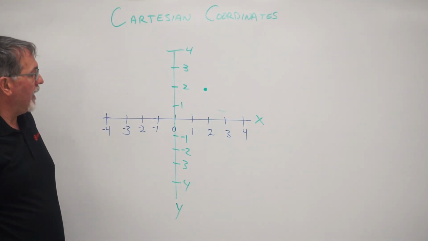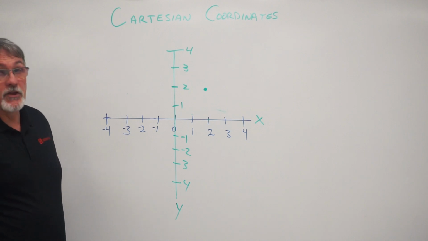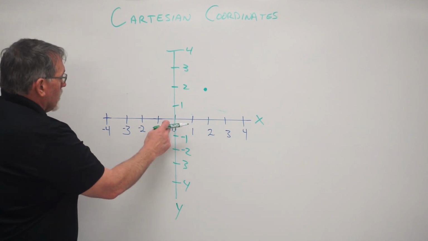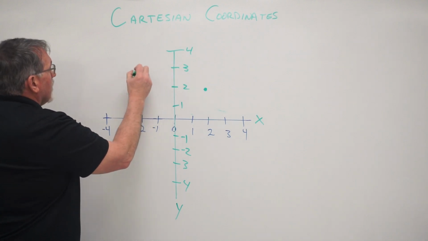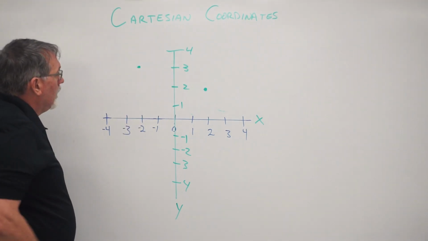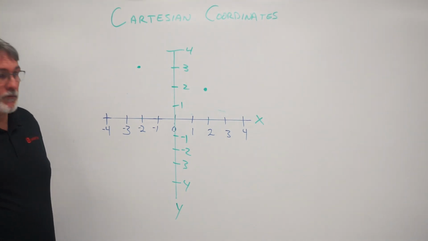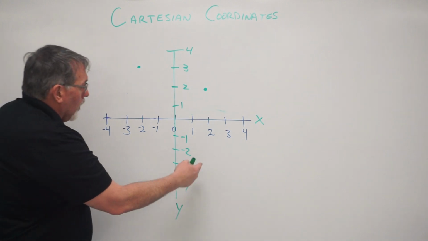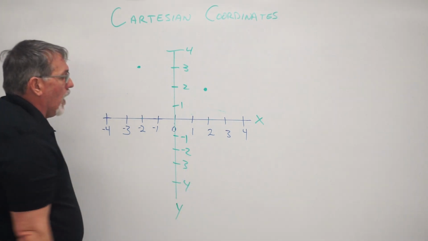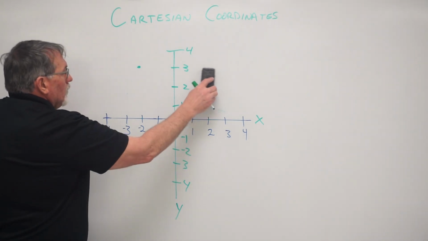If I were to give you an X -2 position and a Y 3 position, so this would be X -2, it's going in this direction, and a positive 3. So right where those 2 line positions intersect, that's the position that we're looking for. And so on. You can go an X negative and a Y negative, or an X positive and a Y negative for these positions.